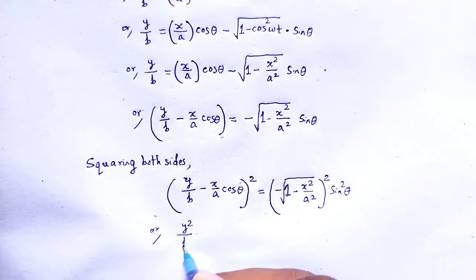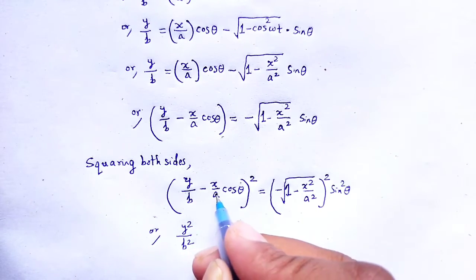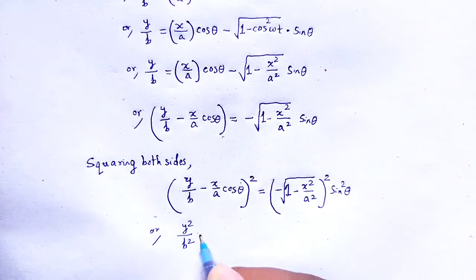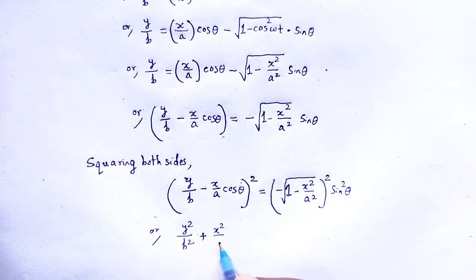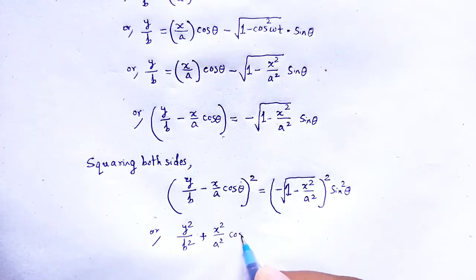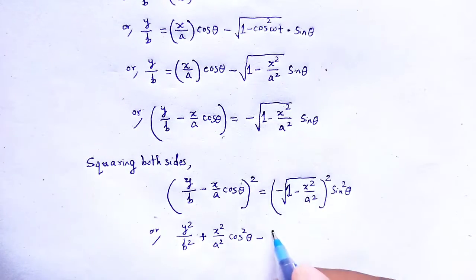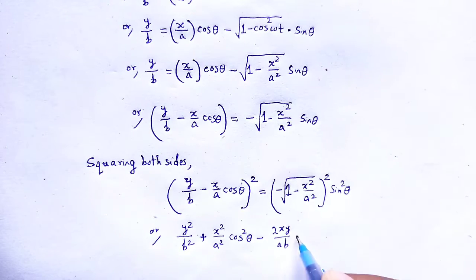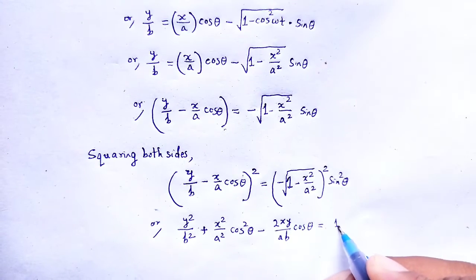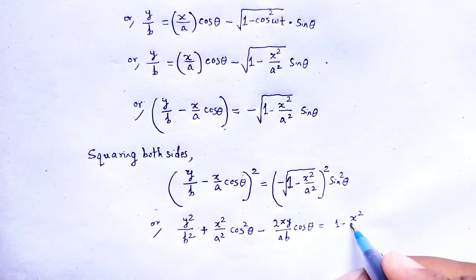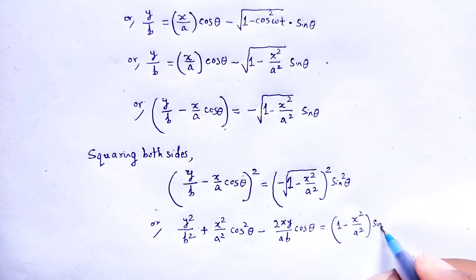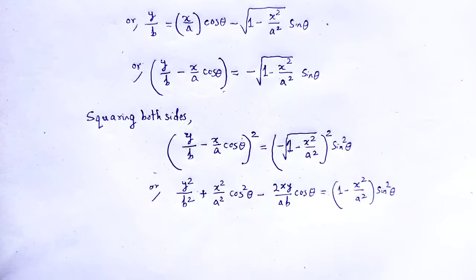y square by b square, a minus b whole square, a square plus b square minus 2ab plus x square by a square cos square theta minus 2xy divided by ab cos theta is equal to 1 minus x square by a square sin square theta.